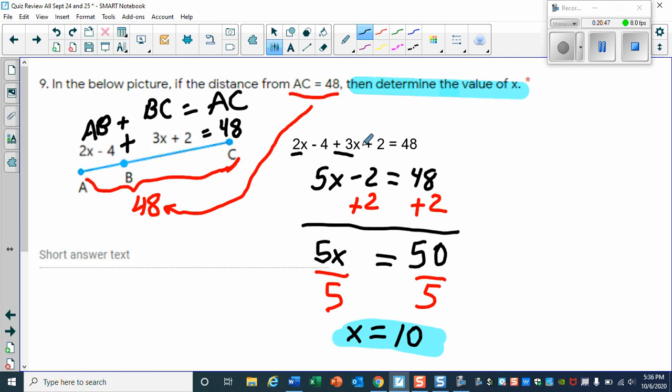So that is the general rule. No matter what the distance is from A to B, you add the distance from B to C, add those two distances up, it's going to give you the overall distance from point A all the way to point C. So AB, which is 2x minus 4, plus BC, 3x plus 2, equals AC, which is 48.